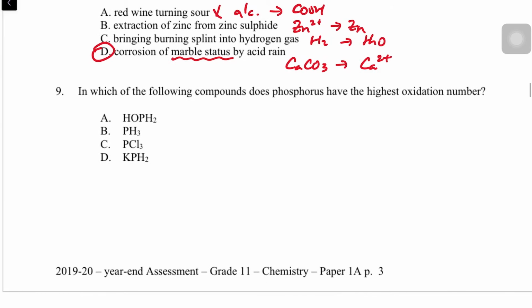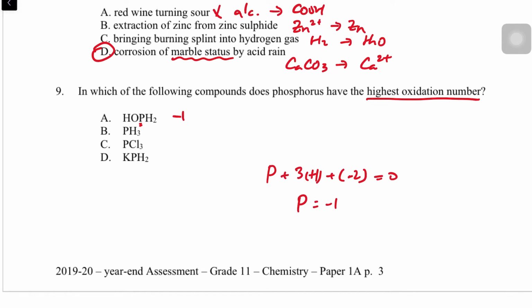Next one, question 9, which has the highest oxidation number. So let's see each of them. Well, the first of them is PH. So P, I have no idea. H, each of them is positive 1. And the oxygen is -2, equal to 0. So the P's oxidation number will be -1.